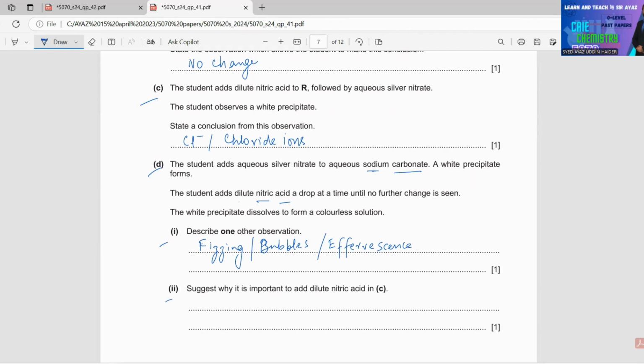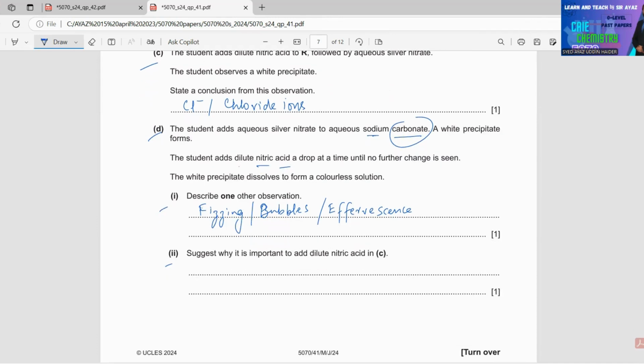Number 2, suggest why it's important to add dilute nitric acid in C. The function of nitric acid here is that it destroys any carbonate present, because this will also give a white precipitate. So you can simply write, we want to distinguish between these chloride ions and the carbonate ions.